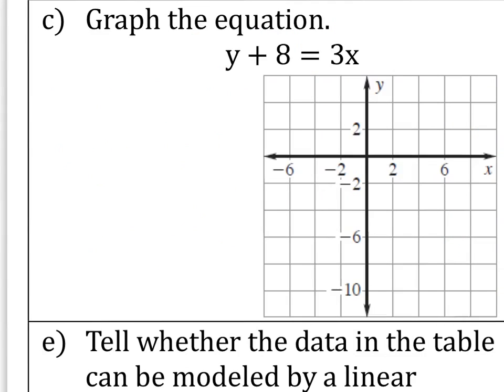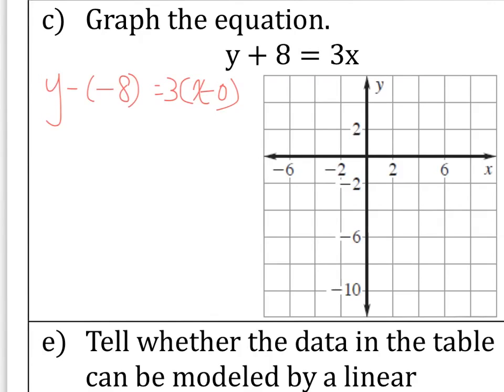So we're going to practice another one of graphing an equation that's written in point-slope form. But I'm going to rewrite this as y minus negative 8 equals 3 times x minus 0.